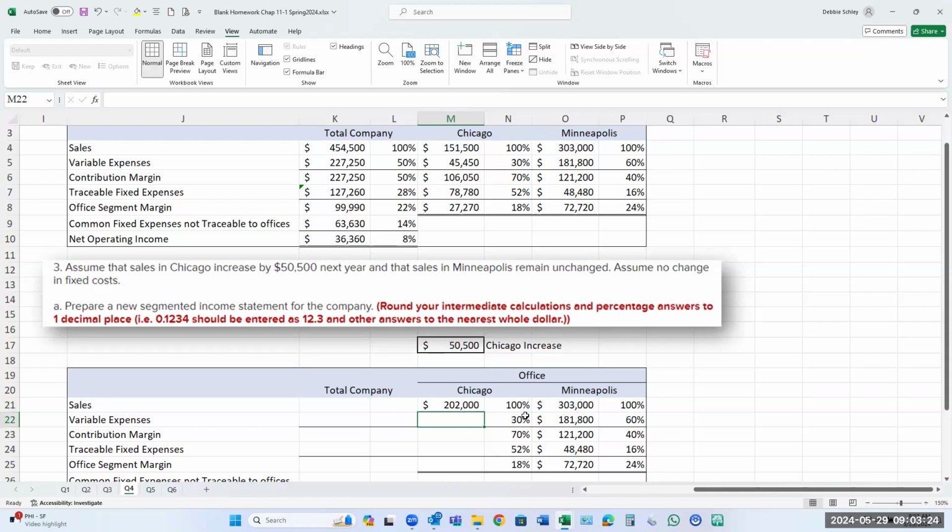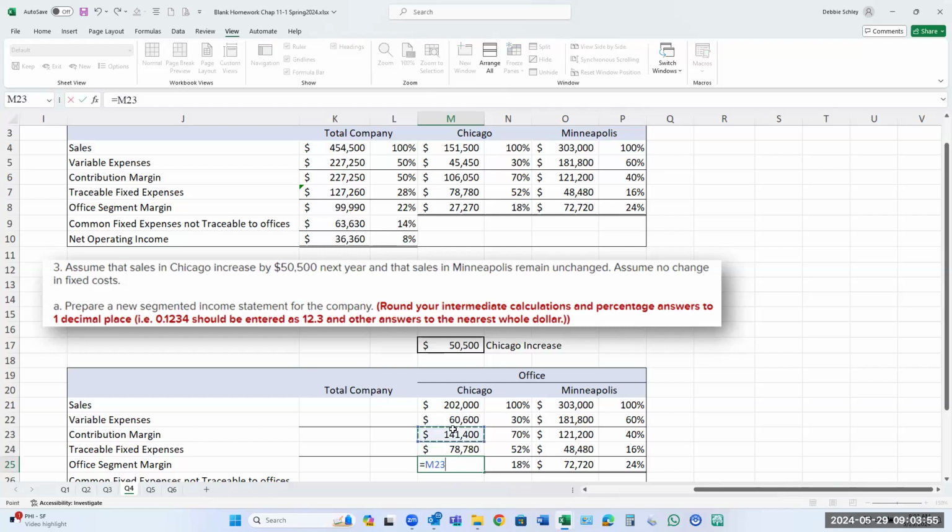Because I know that my variable expense ratio is 30% of sales, I can then find 30% times the new amount of sales to get my new amount of variable expenses. I can take this sales minus variable equals my new contribution margin, and my traceable fixed expense stayed the same.